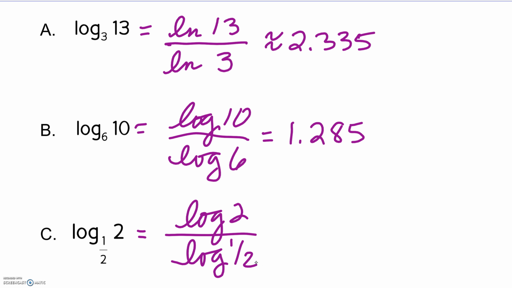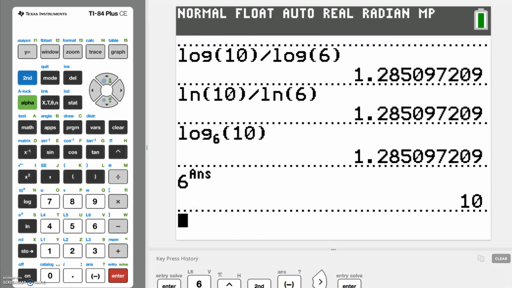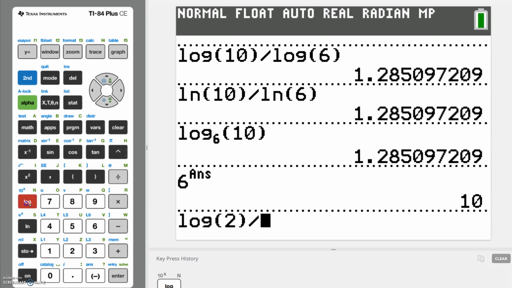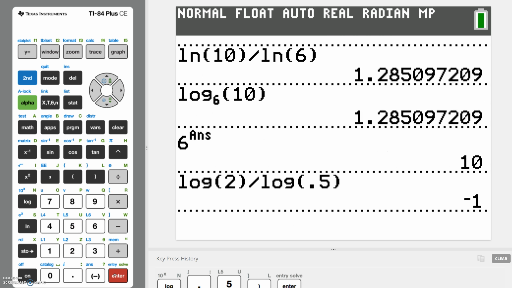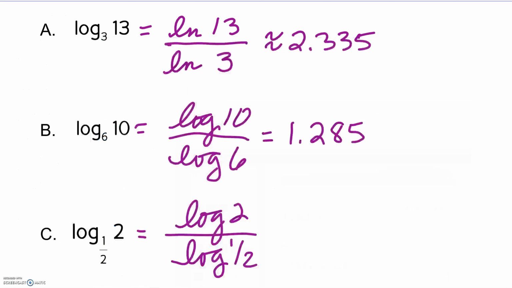However, what you might notice is that if I do log of 2 divided by log of 1/2, I get -1. I already knew that just by doing it in my head, because I know that 1/2 to the negative 1 power is equal to 2. So that one we could have done in our head, really.